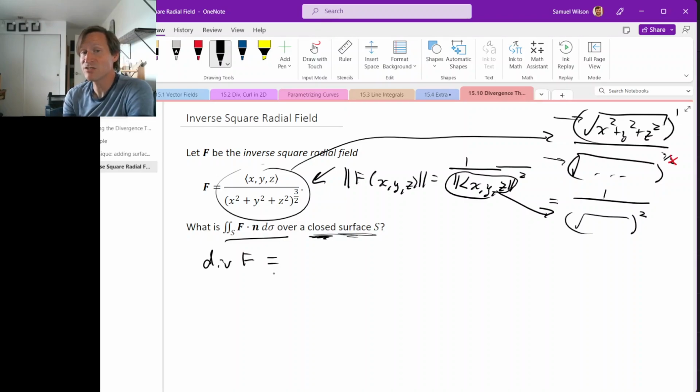I'll leave this as an exercise, but the divergence of this vector field is actually 0. Okay. At any point where the vector field is defined, so we have to be a little careful about this because this vector field is actually not defined at the origin. So this is everywhere except at the origin.